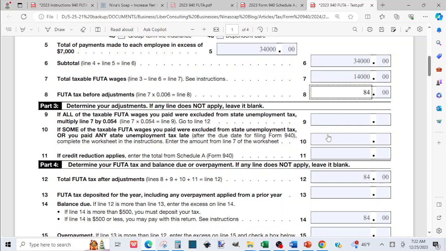Actually, they have 2 options, line 9 and line 10. Line 11 is for credit reduction states, but 9 and 10 are either all your FUTA wages are excluded from state unemployment tax, or on line 10, some of the FUTA wages are excluded, or you paid any state unemployment tax late to your state.